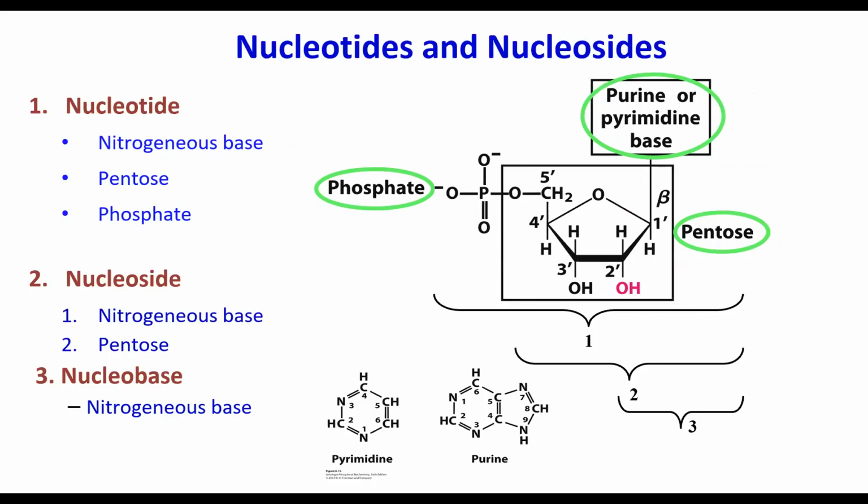So with the basic definition come those different parts, which are the purine or pyrimidine base, pentose sugar, and phosphate. And I expect you to, again, be able to compare it with different things. For example, compare it with carbohydrates, because if I ask you, and I'm not saying this is a question in the exam, but if I ask you, what is the sugar present in the nucleotide? You shouldn't be shocked. You shouldn't be like, there's a sugar in the nucleotide?